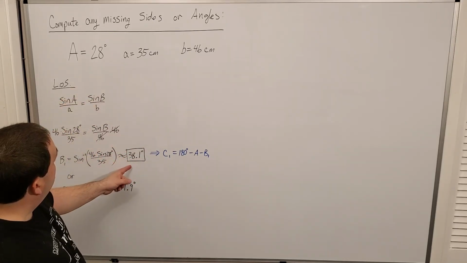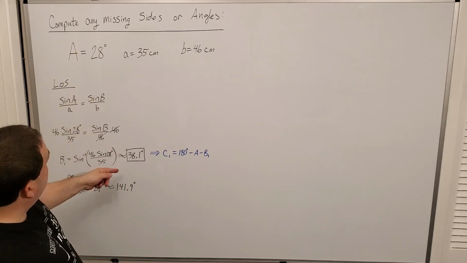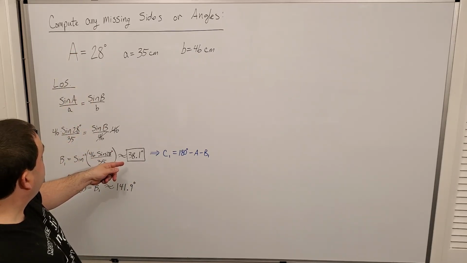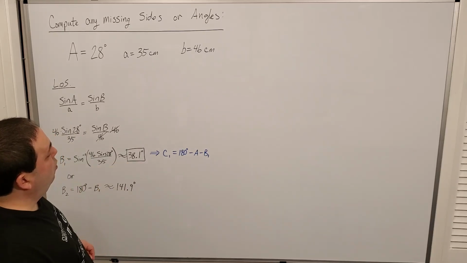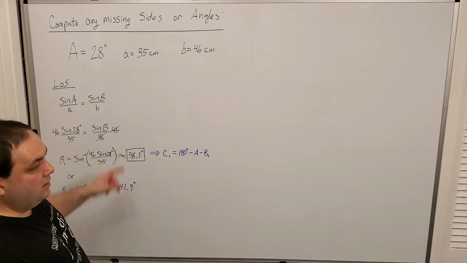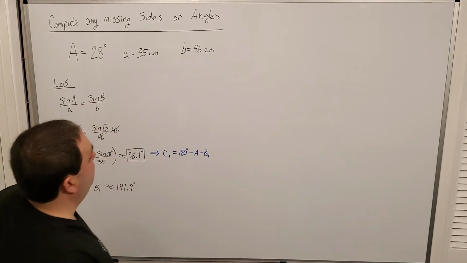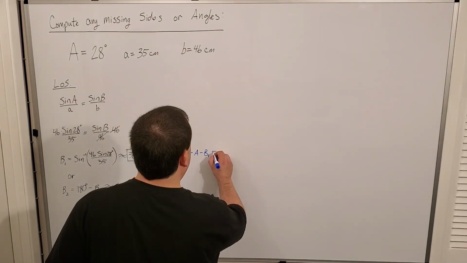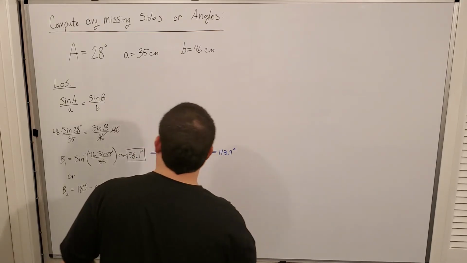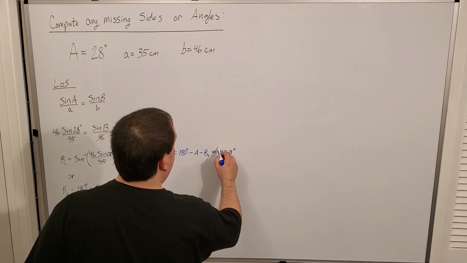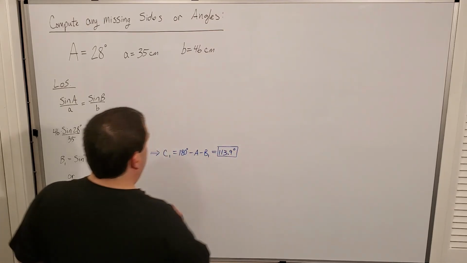So 28 plus 38 is what, 66.1. And if I subtract 66.1 from 180, that's 120, 114, 113.9. Okay? So I've got C1 now.